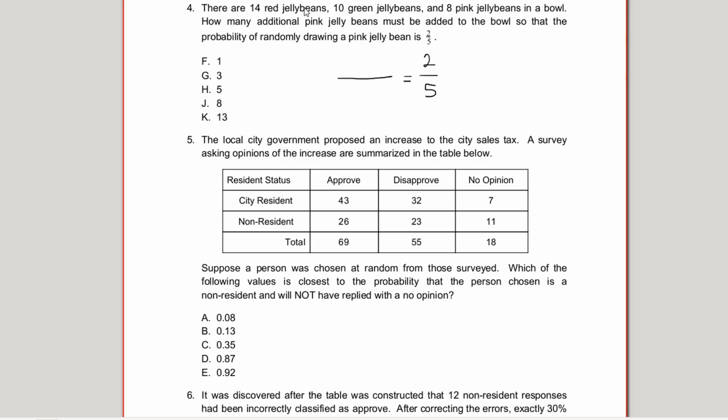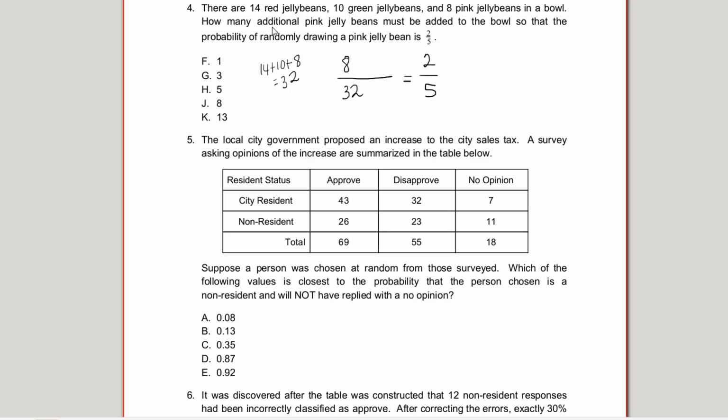We know right now we have 8 pink jelly beans over a total of 14 plus 10 plus 8. Right now we have 32 jelly beans in the bowl, 8 over 32. But we want the probability to be 2 over 5.